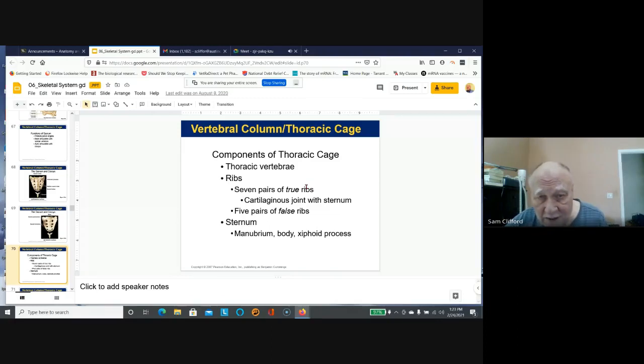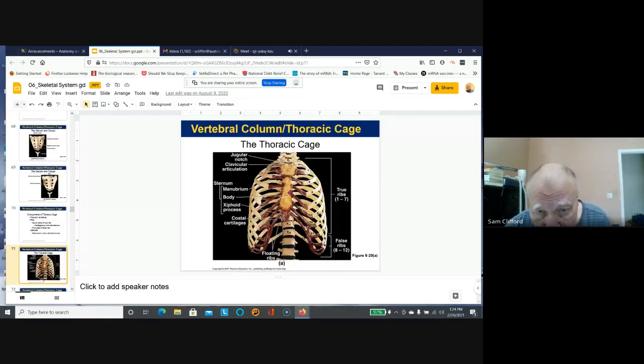Okay, what about the thoracic cage? We have the thoracic vertebrae, the ribs, and the sternum. So you should know the parts of the sternum, the ribs. I'm not going to emphasize false ribs or true ribs, but you should recognize parts of the sternum, which is the manubrium, body, and xiphoid process.